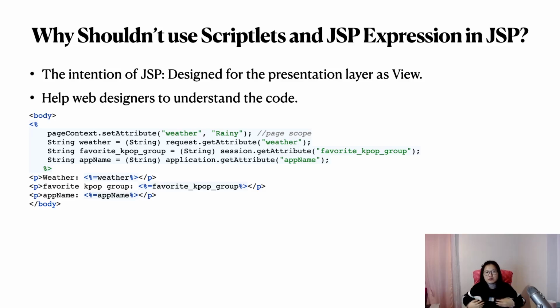And when you ask them to fix something, they might find it very difficult to understand the code, and they feel they cannot fix the issue because they don't understand the code you have written. Okay, those are the two main points I list here for why we shouldn't use scriptlets and JSP expressions in JSP.